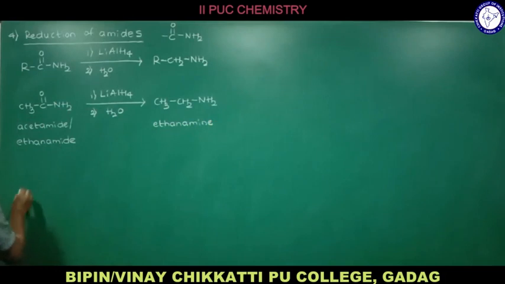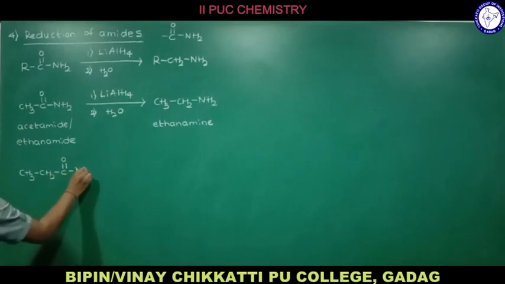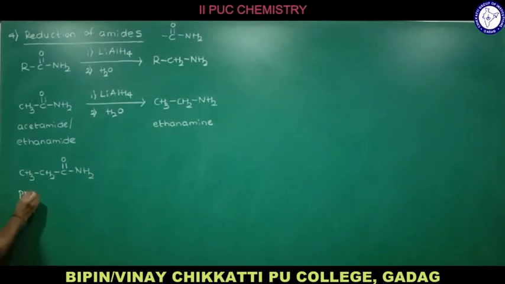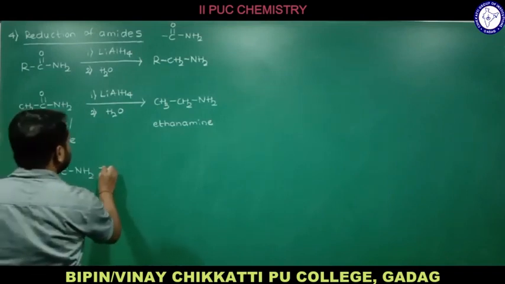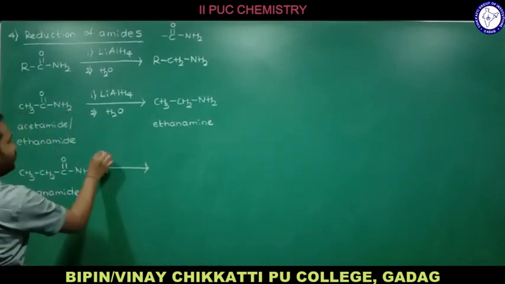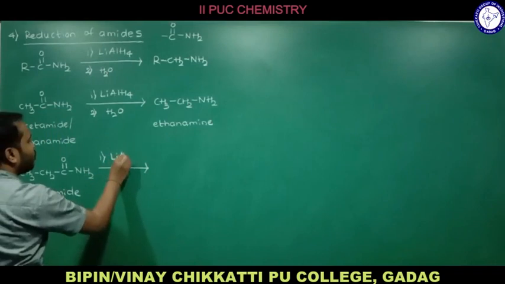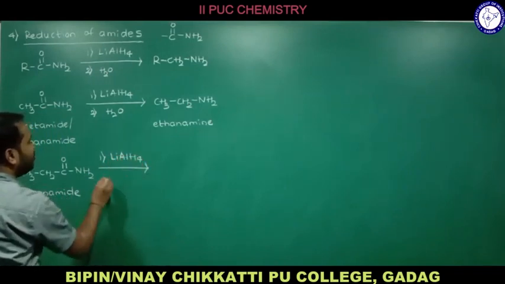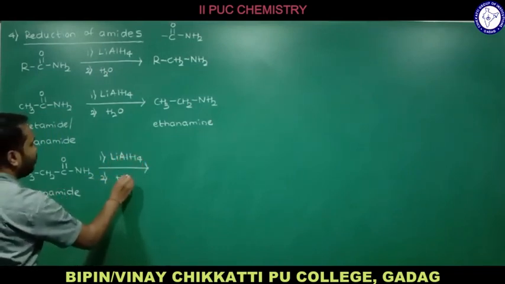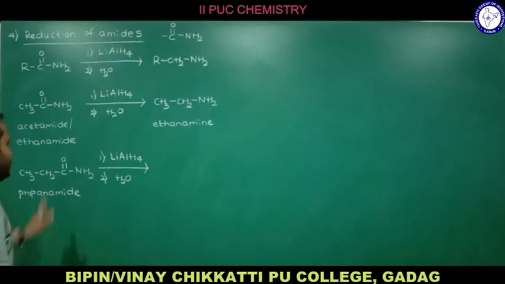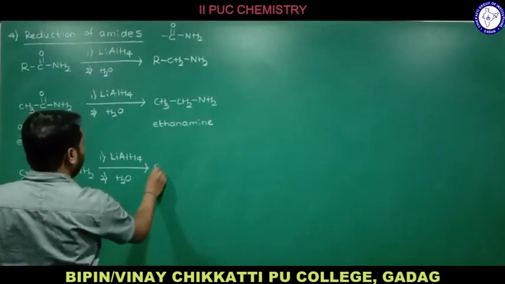One more example: CH3 CH2 C double bond O NH2. What would be the name of this compound? The name will be propanamide, and it undergoes reduction as I said. As we know, we have an amide, and a strong reducing agent like lithium aluminium hydride, followed by hydrolysis, and this carbonyl group has to be reduced.